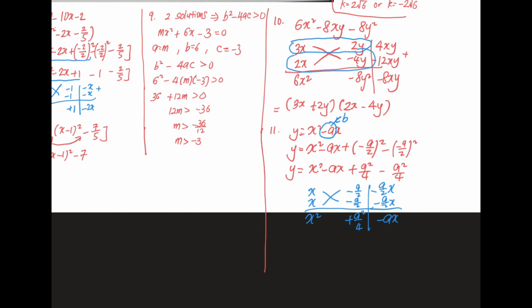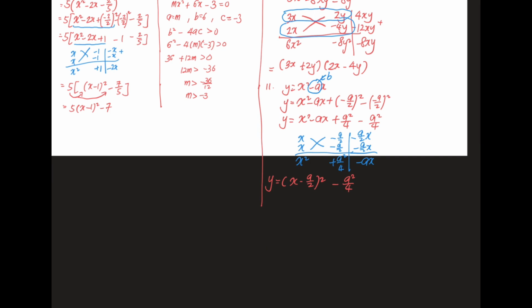So our factorization will be x minus a over 2 and x minus a over 2. Those are the two factors. So y equal to x minus a over 2 squared, and the last term, minus a squared over 4, we write back.